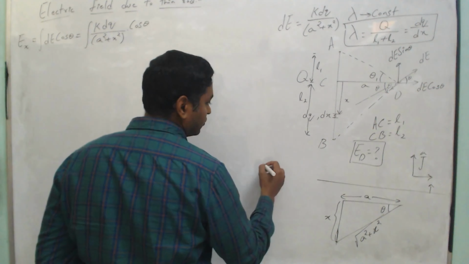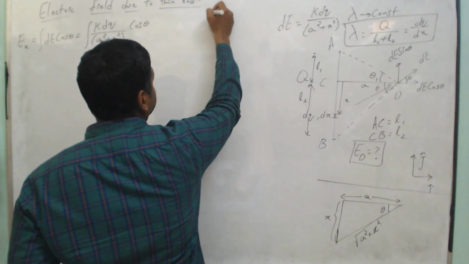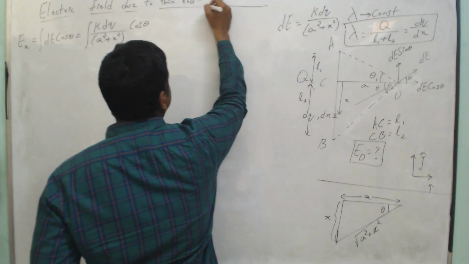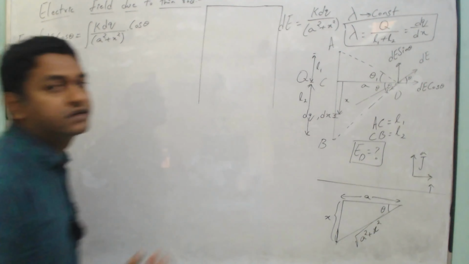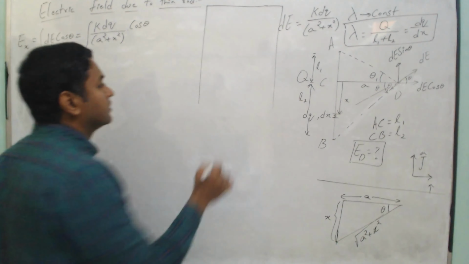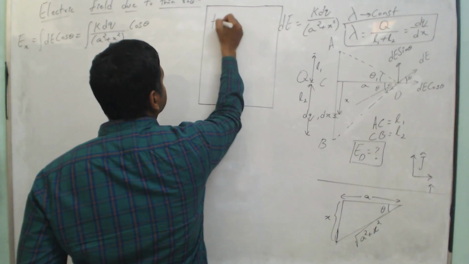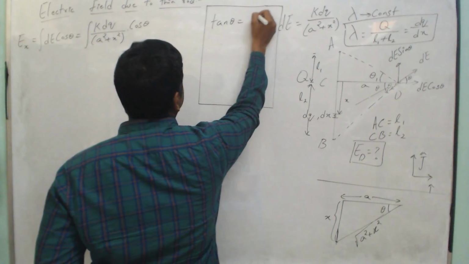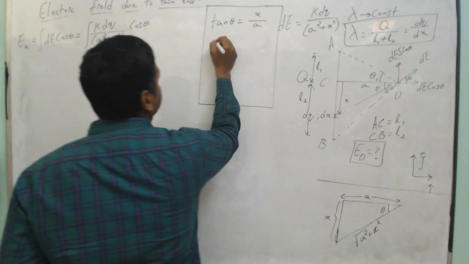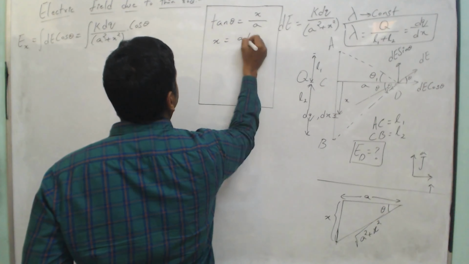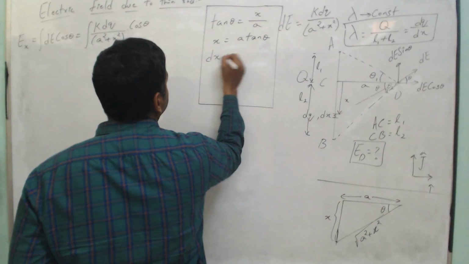Yesterday I told you one of the ways of doing integration in physics is always follow the geometry first. Mostly we will get the thing from geometry only. So according to my geometry, tan theta is equal to x upon a. That means x is equal to a tan theta. And whenever I substitute, I need to differentiate.